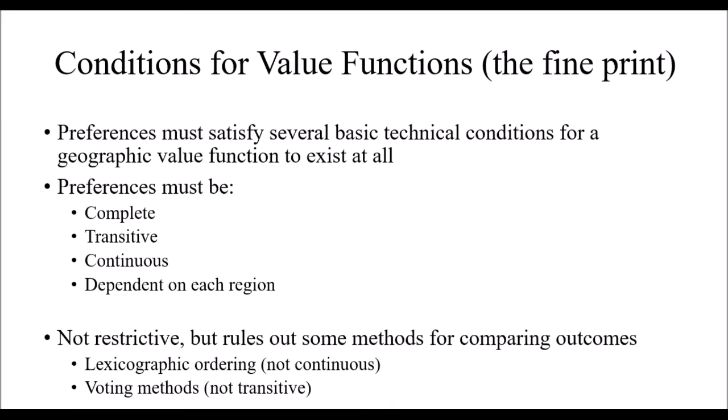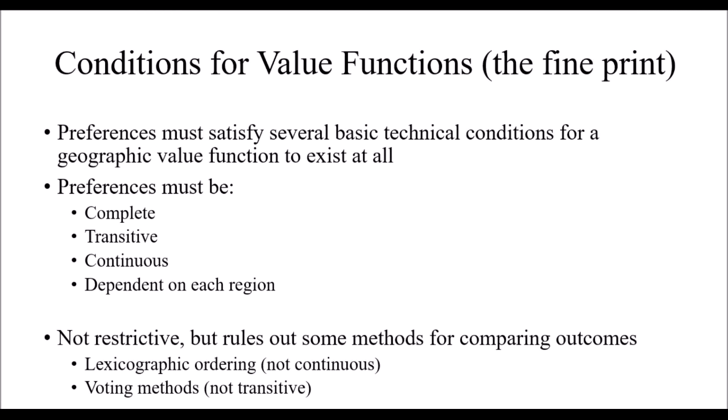But they do rule out some appealing approaches for people who are not used to facing hard decision problems. So it rules out something like lexicographic ordering, where you say, first I'm going to look at region 1 and I'll use that as the basis for the decision. If it's a tie, then I'll move on to region 2. That can't be captured with a value function.